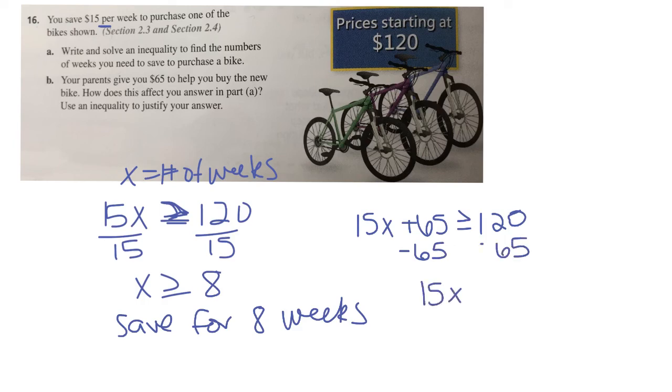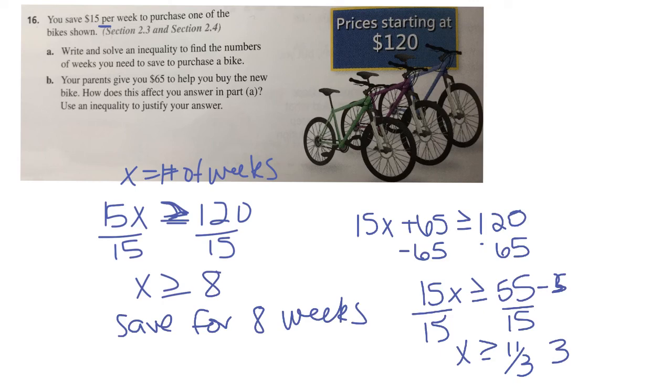And 15x is greater than or equal to 55. Divide by 15. And x is greater than or equal to, let's divide by 5, sorry, 11 thirds, which is 3 and 2/3 of a week. So you have to save for just about 4 weeks, and then you would have enough money to buy the bike now.